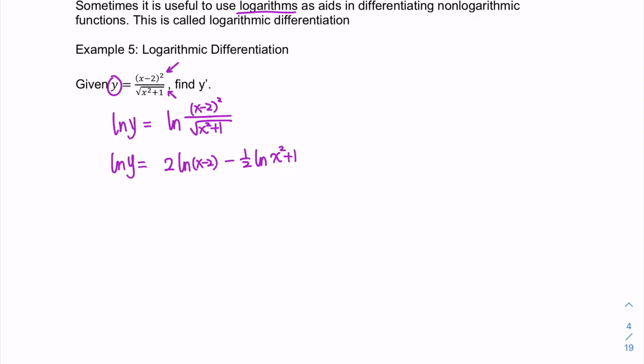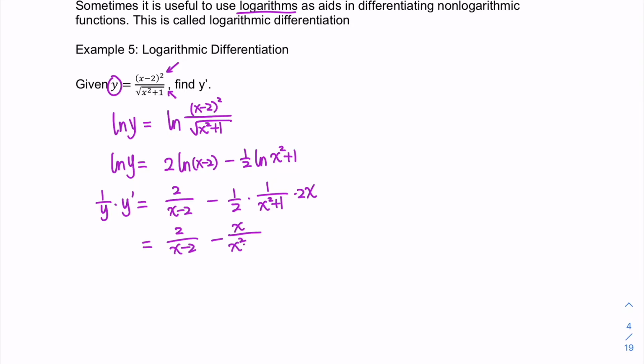Next, we take the derivative, chain rule on the left. On the right will be 2 over x minus 2, minus 1 half times 1 over x squared plus 1 times 2x. We simplify a little bit: minus x over x squared plus 1. Now we can multiply by y on both sides.